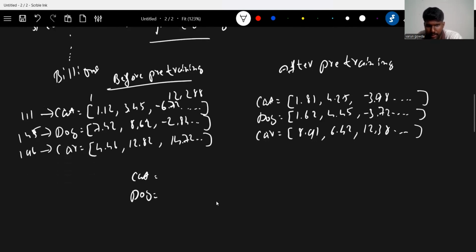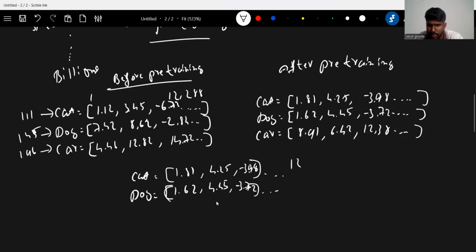After pre-training, these values became 1.81 and 1.62, this is 4.25 and this is 4.45, and this is minus 3.98 and this is minus 3.72. It will continue till, as I said, 12,288 numbers. As of now, we are considering only 3 dimensions, in the sense, we have only 3 dimension values.